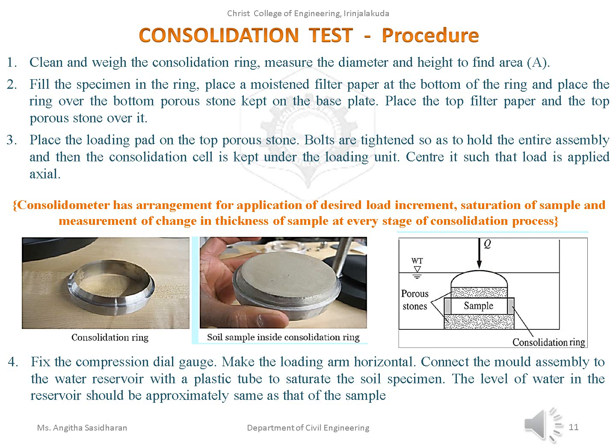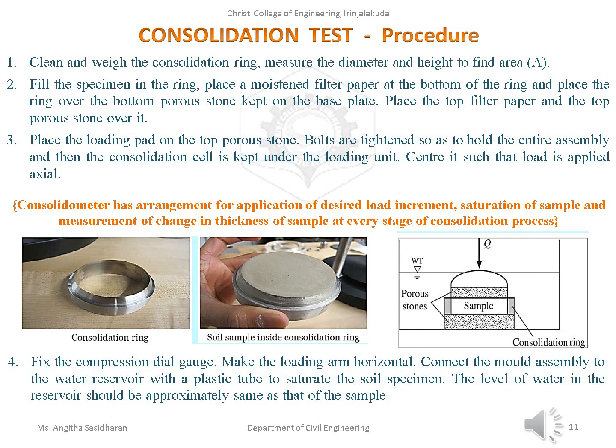The consolidometer has an arrangement for application of the desired load increment, for saturation of the sample, and for measurement of change in thickness of the sample at every stage of the consolidation process. Consolidation happens in a saturated soil, so we have to make the sample saturated. The consolidometer has such an arrangement, and we also have to give the load increments, so there is an arrangement for that also.